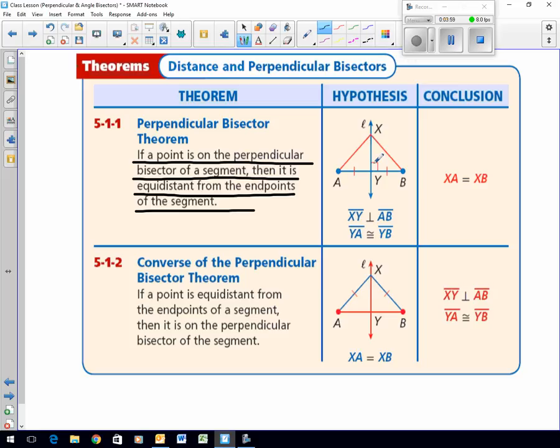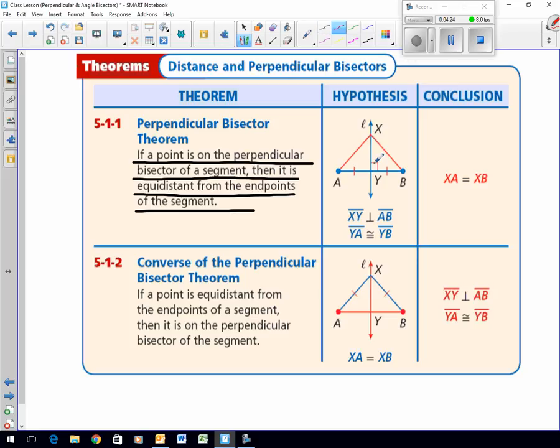Another thing to notice about a perpendicular bisector, what kind of angle is formed right here? Right angle. So there's a lot going on in this theorem: a midpoint, right angles, and congruent segments.